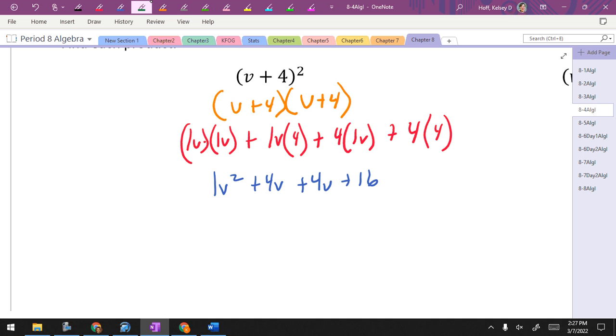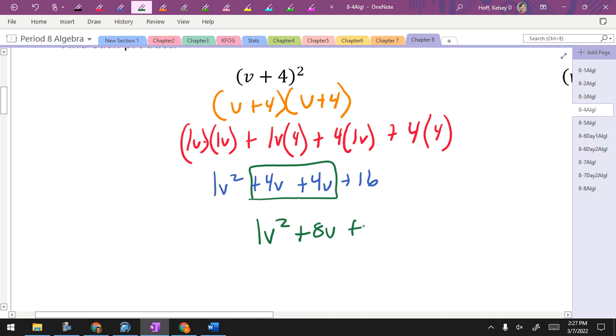Anything I can combine? Yeah, those middle terms, right? So I end up with 1V squared plus 8V plus 16.